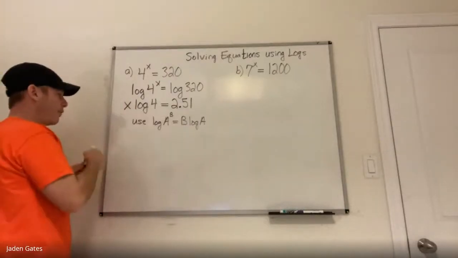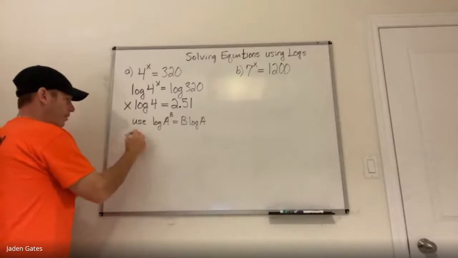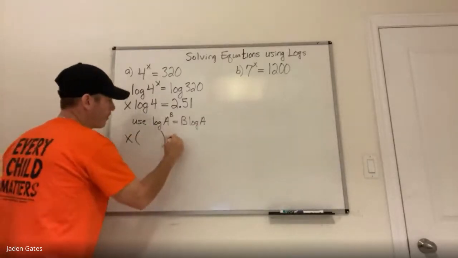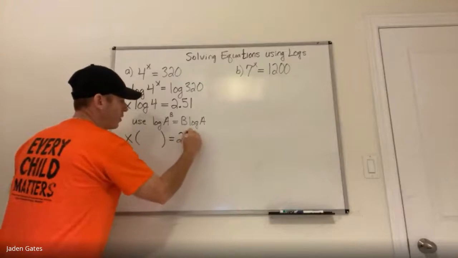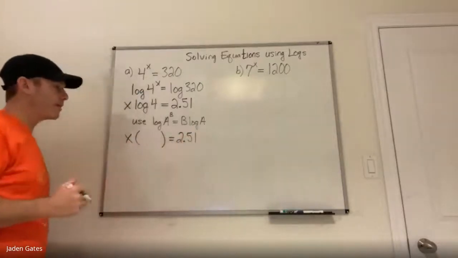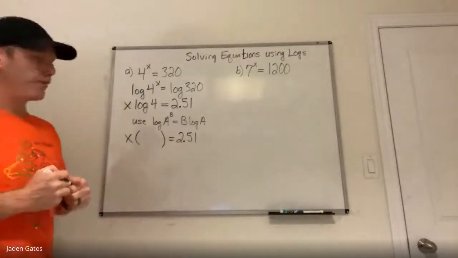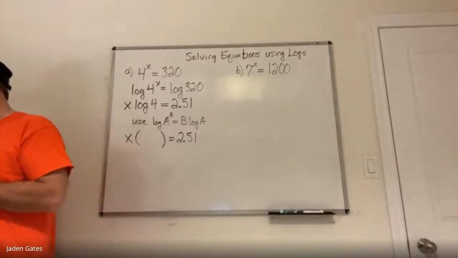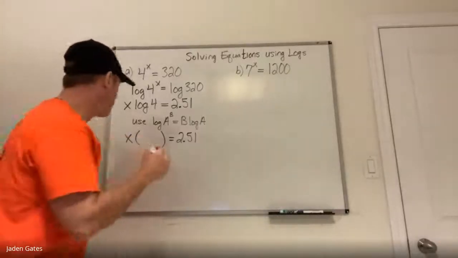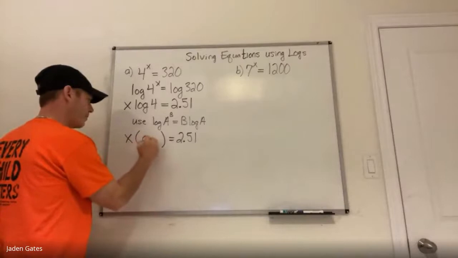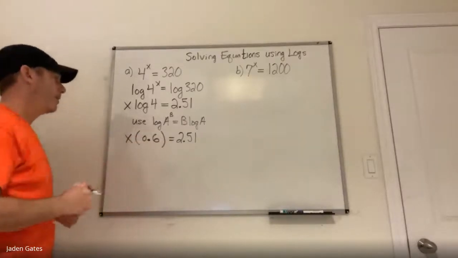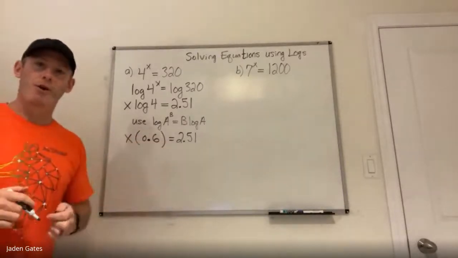Now I have x times the log of 4. But again, the log of 4 is a number. It's probably going to be a very small number because the log function takes a big number and makes it a lot smaller. If I put the log of 4 into my calculator, I get 0.6. Now this is just an equation that we're used to working with.